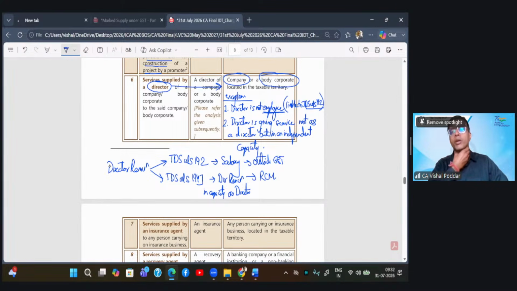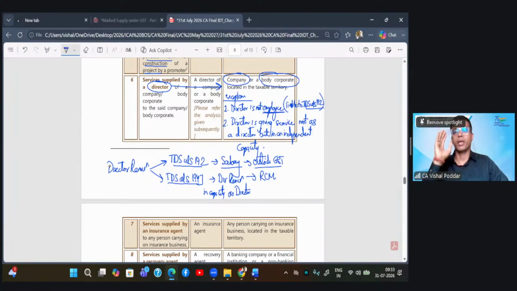So where you are receiving director's remuneration in the capacity as director, not as a professional, and 194J TDS is deducted by the company, that is only what is covered under this RCM. So two cases will be outside RCM. One, where what you are receiving is salary, where TDS is done under 192, which is outside GST. Two, where TDS is done under 194J, but not for director service, but for other professional service that you are giving. This is also outside RCM.